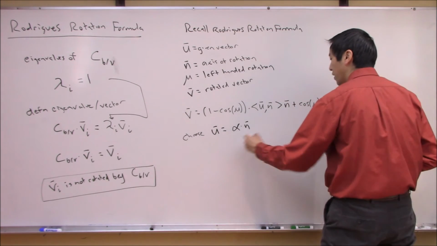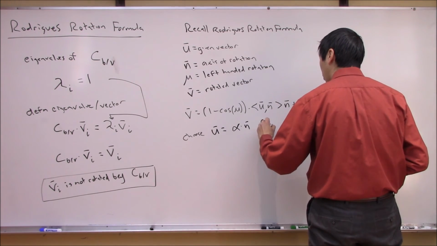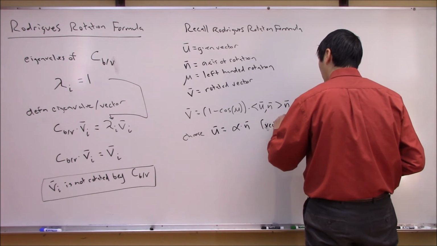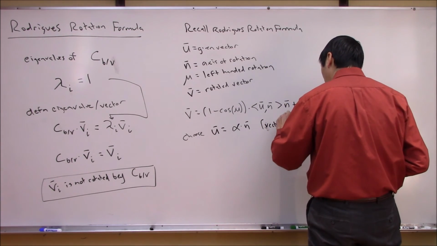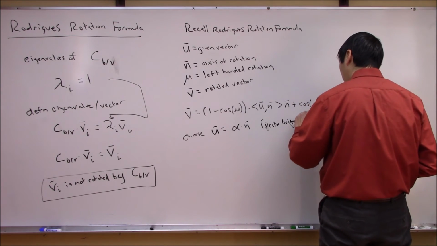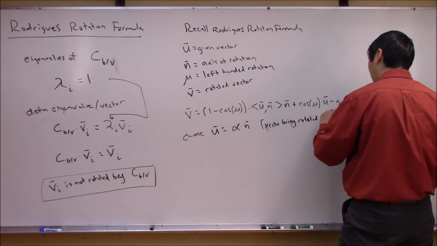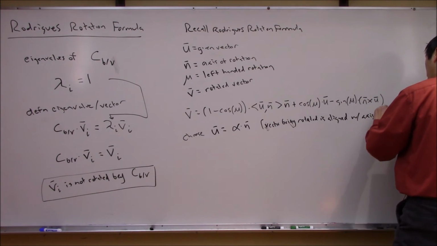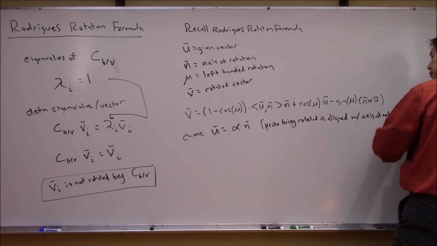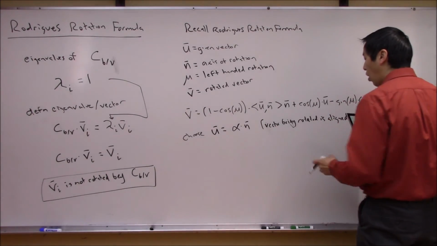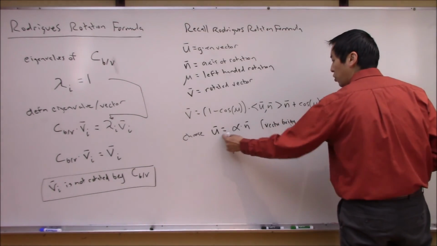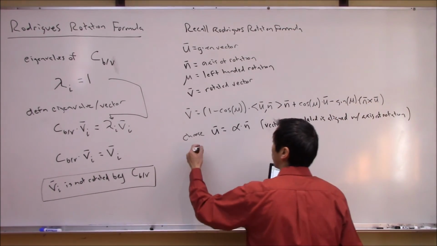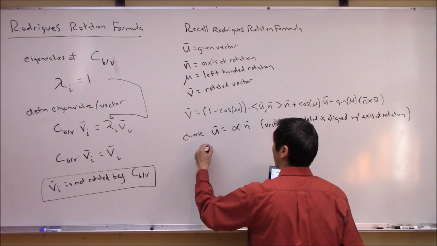Physically, what this means is the vector being rotated is aligned with the axis of rotation. So all we need to do now is plug u equals alpha n into this expression. Let me do one step, and hopefully we'll see where this is going.